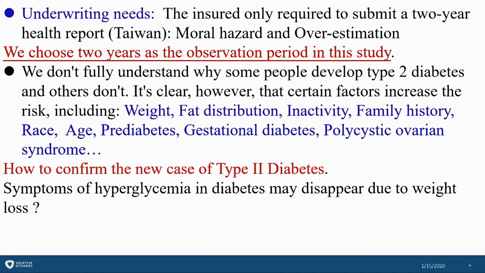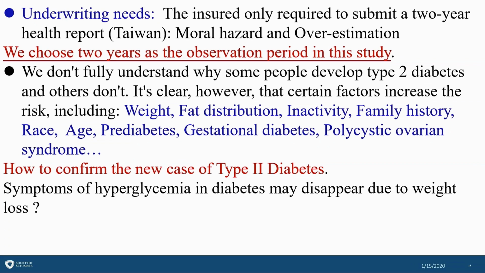We don't fully understand why some people develop type 2 diabetes and others don't, but it is clear that certain factors increase the risk, including weight, fat distribution, inactivity, family history, and so on. How to confirm a new case of type 2 diabetes?